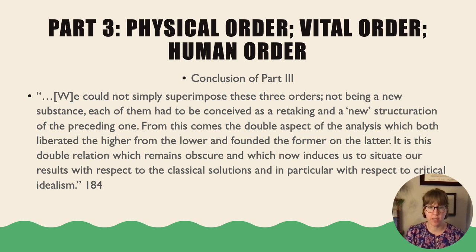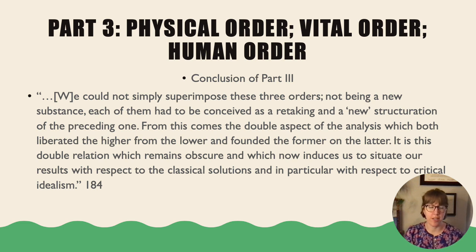He says, "From this comes the double aspect of the analysis, which both liberated the higher from the lower and founded the former on the latter." Or founded the higher on the lower. "It is this double relation which remains obscure, and which now induces us to situate our results with respect to the classical solutions, and in particular with respect to critical idealism."